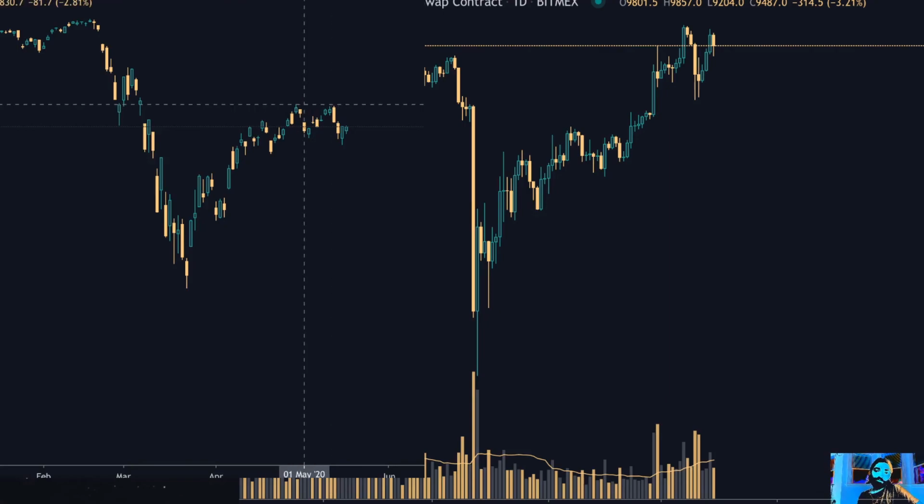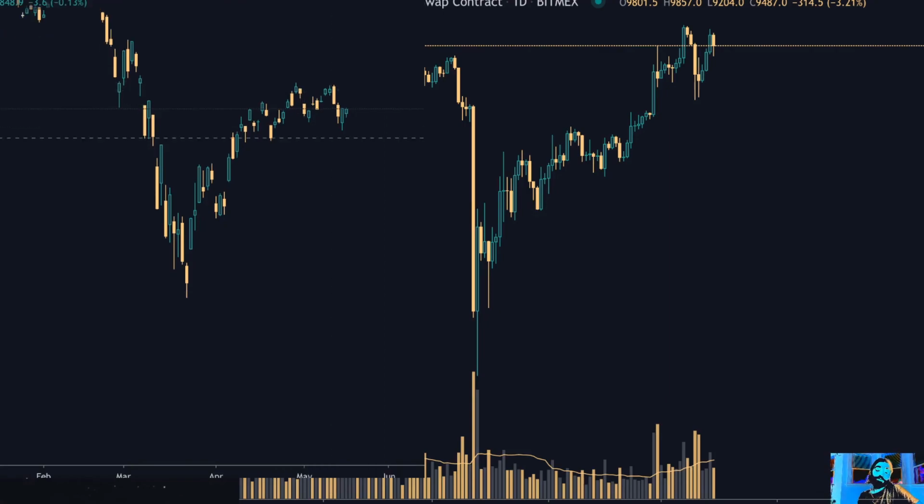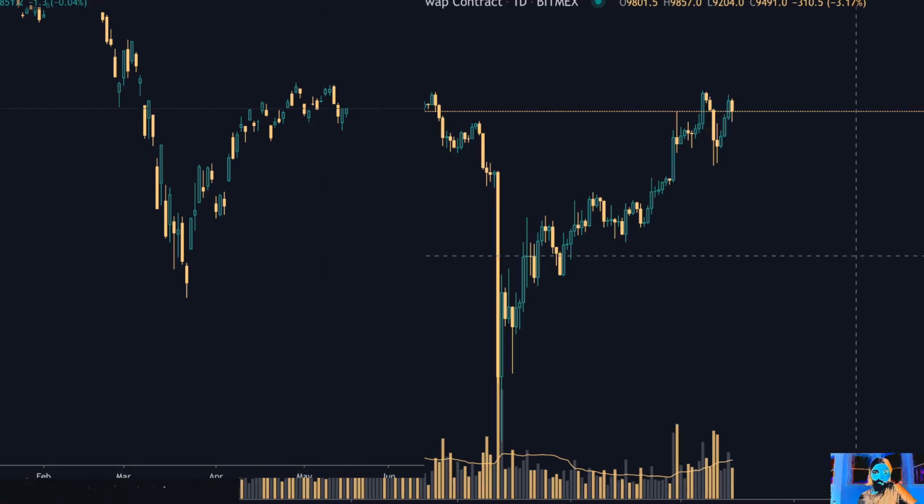Now, we are waiting for confirmation to see how and when this continues. But I do want to point out that most recently, on May 12th here, we found, if this is the local top, we found it here. Whereas the same day in Bitcoin here, 12th of May, we actually bounced off of this rejection area.